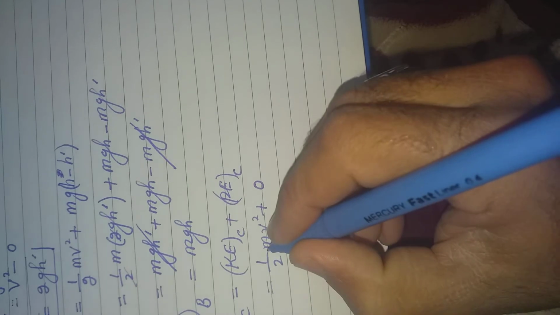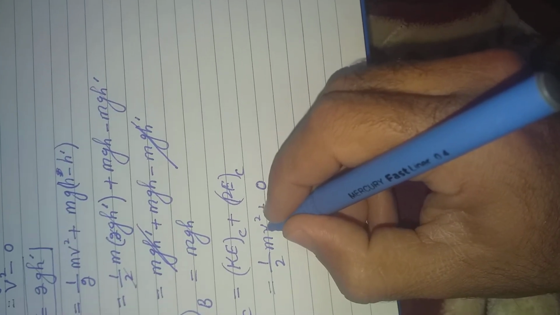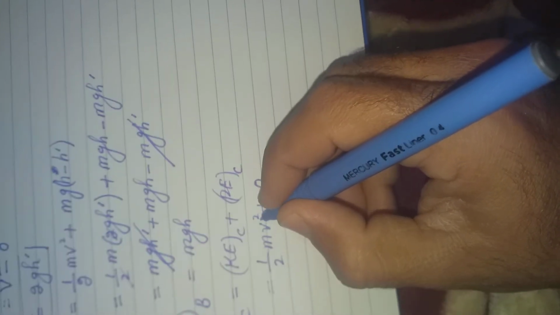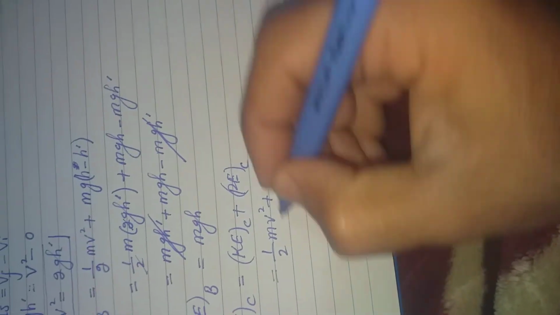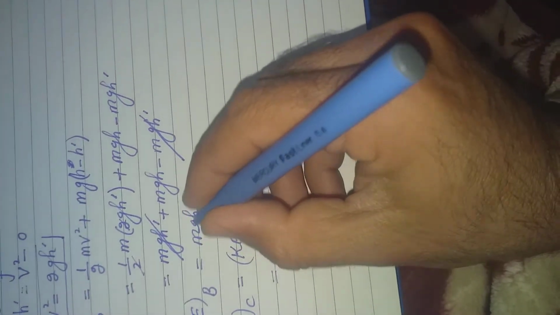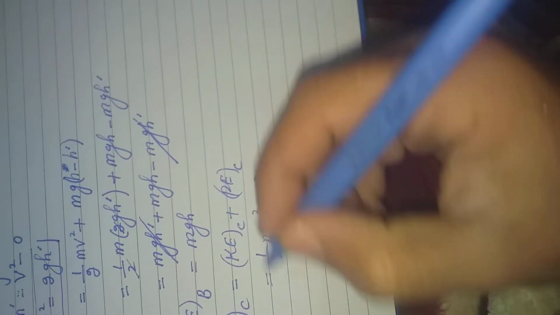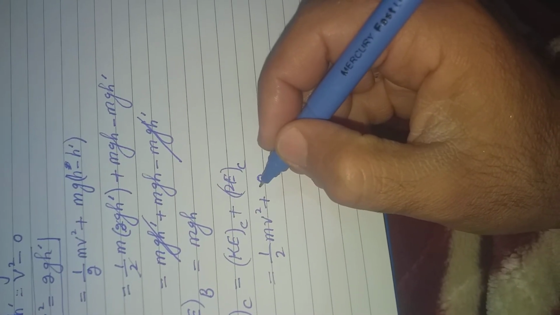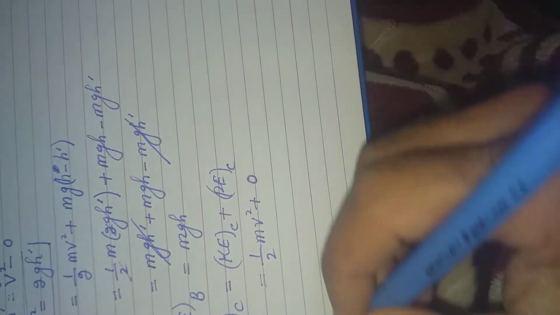According to the third equation of motion, let me take the value of v squared again and put it here, so the value of mgh will come again, because we see that the total energy at any point remains constant.